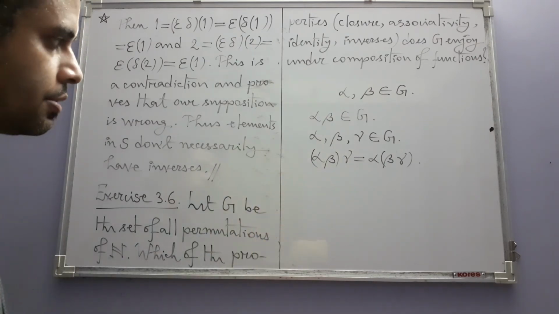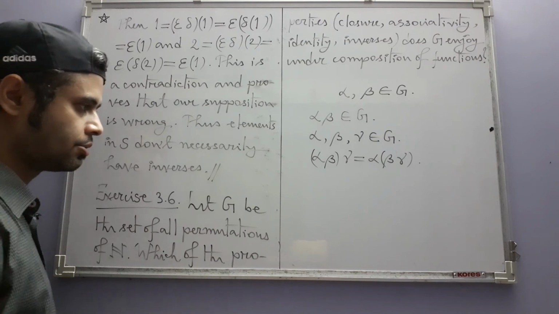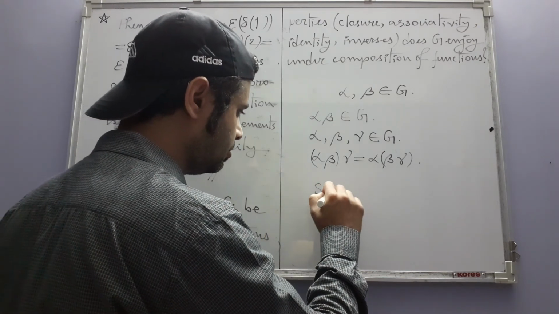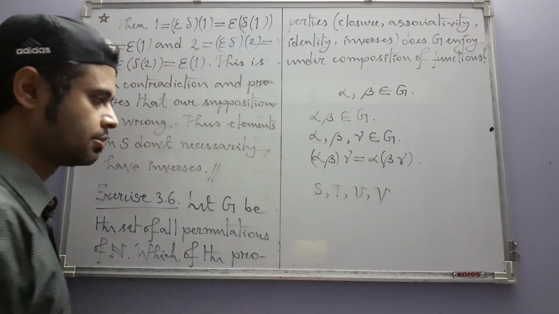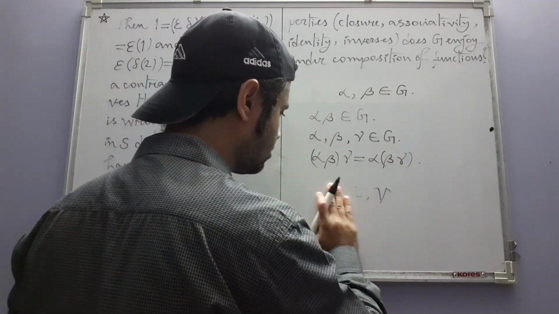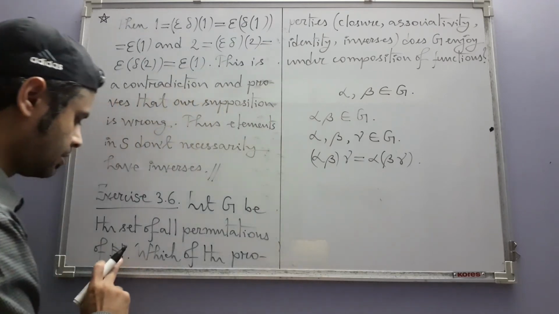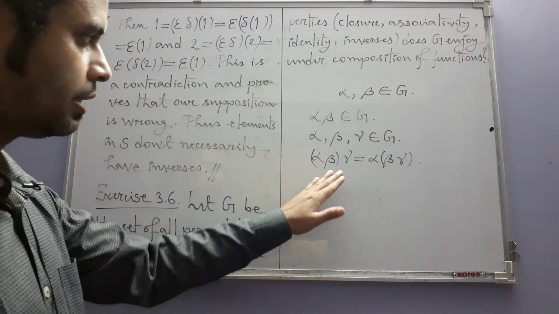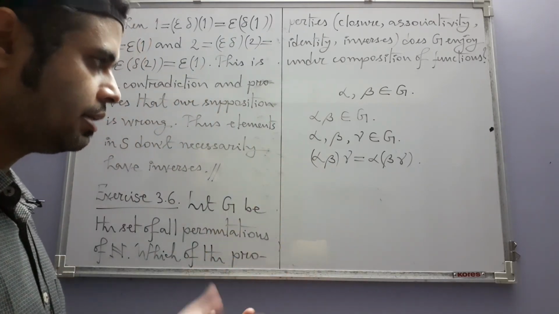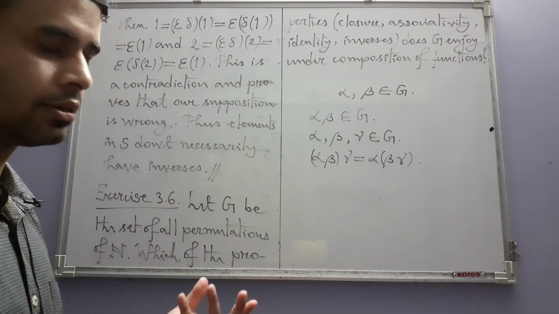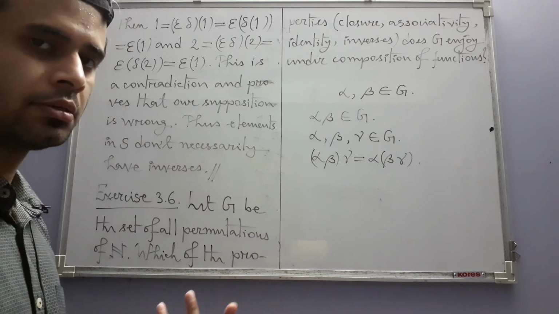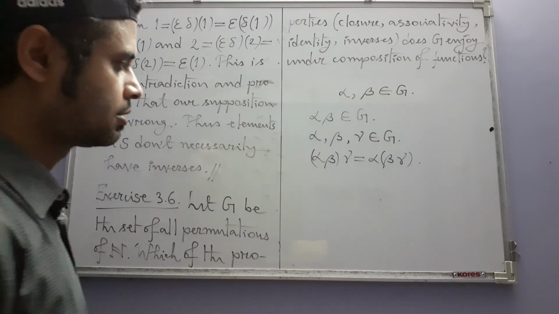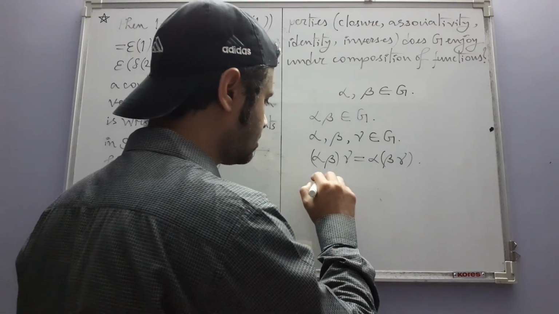Why? It is because in the general case those sets S, T, U, V, they were any sets. Here however all those sets are equal to the set of natural numbers. So here you can in fact form any product. You don't have that restriction of looking at the sets and forming the product that makes sense. Here you can in fact change the order.